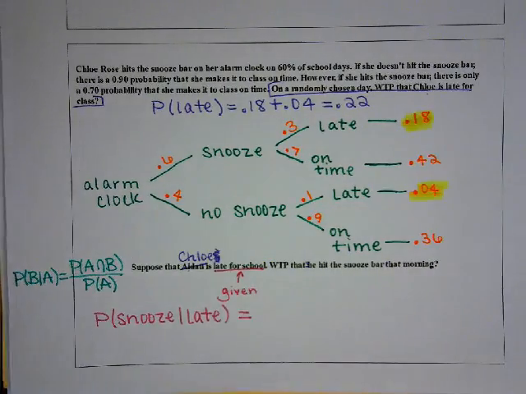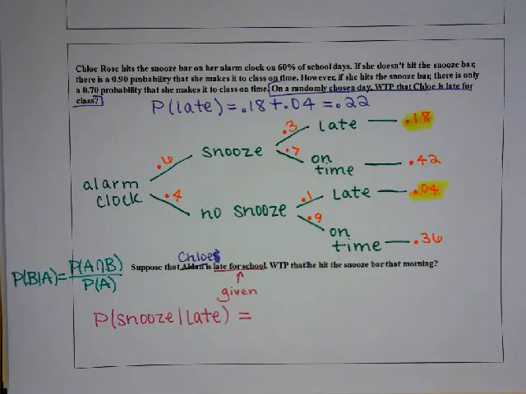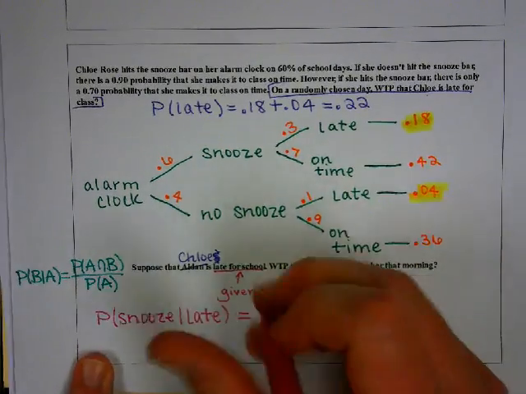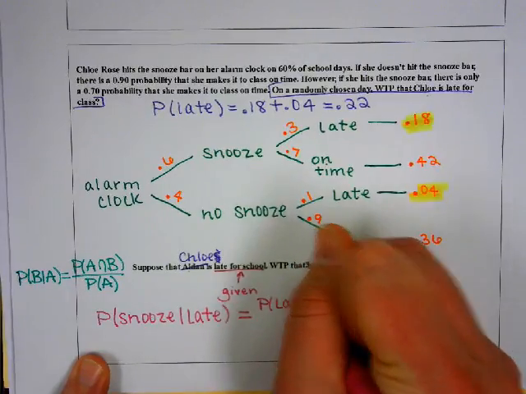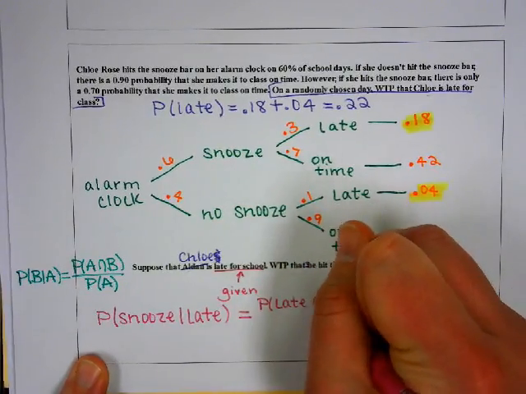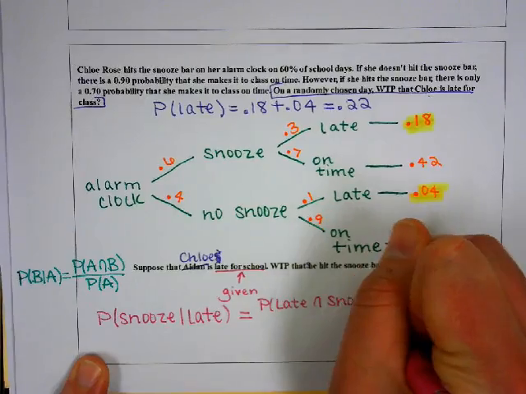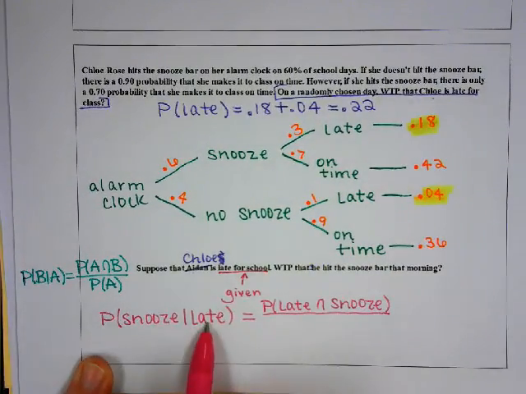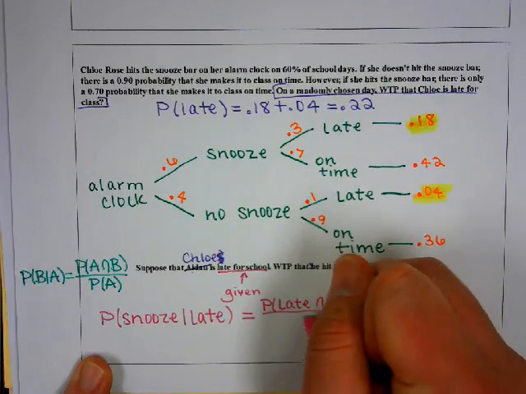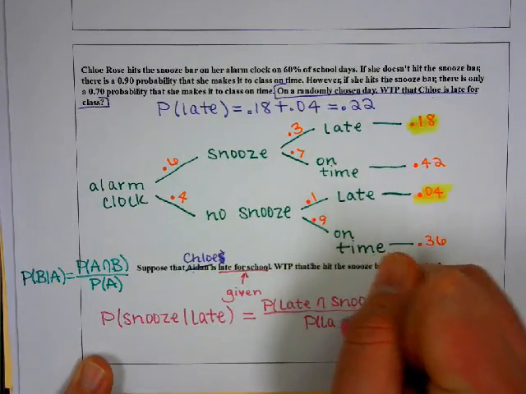So for this one, on top we would have the probability she's late and she hit snooze, divided by the given condition, which is late, so the probability she was late.